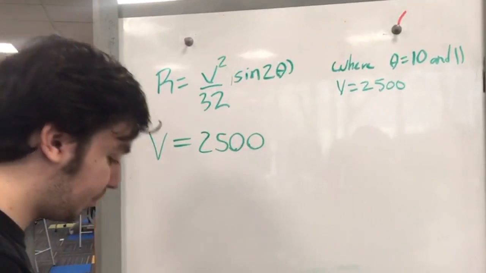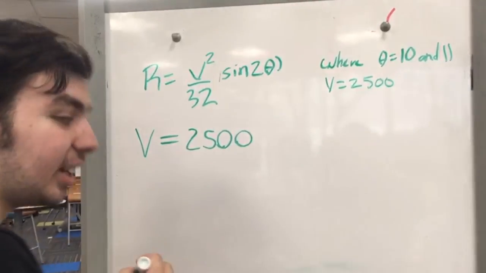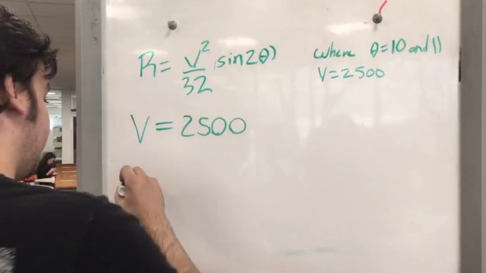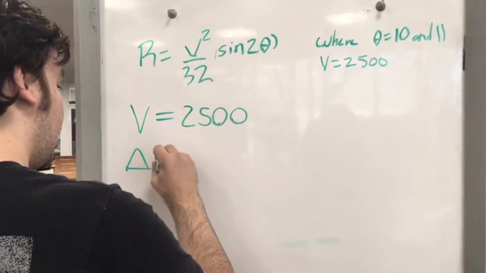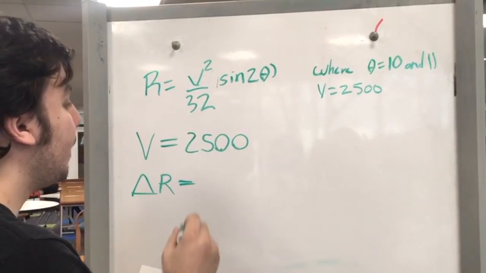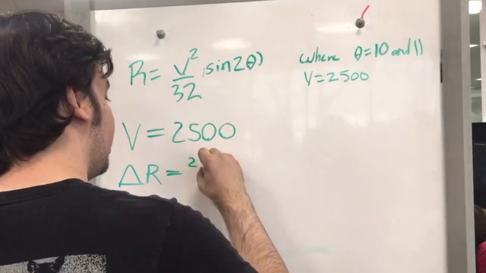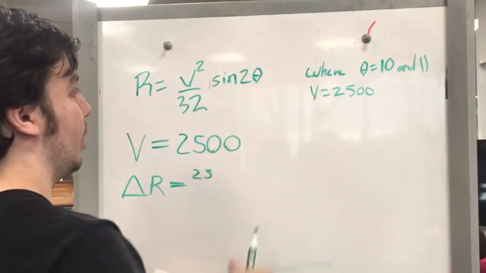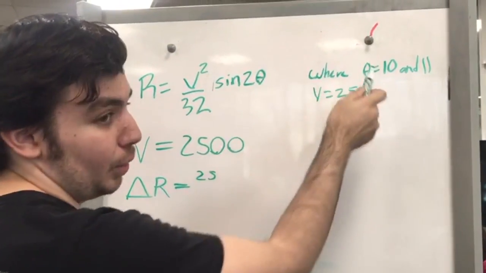So, in order to find the exact difference, we have to find delta r, which is found by placing both angles into the function, replacing theta with both angles.